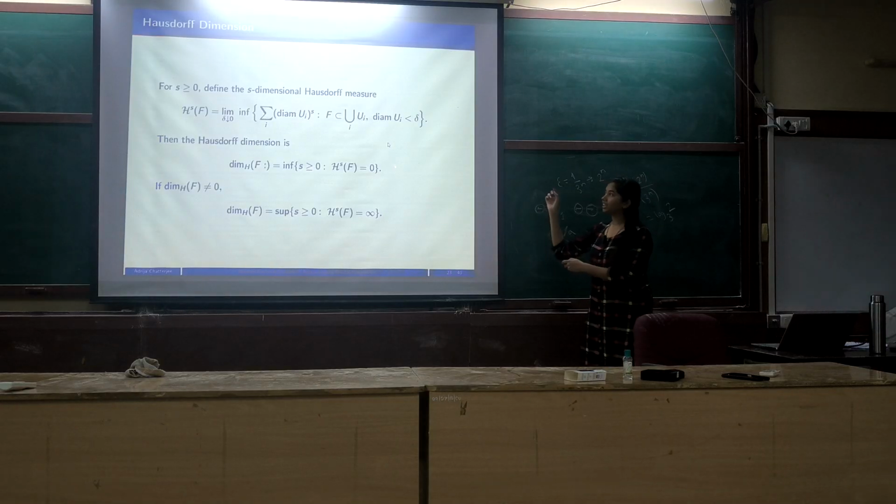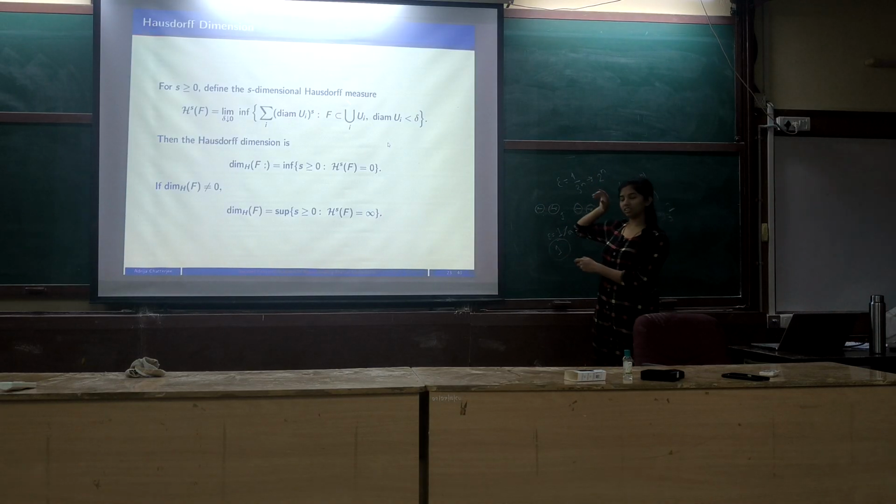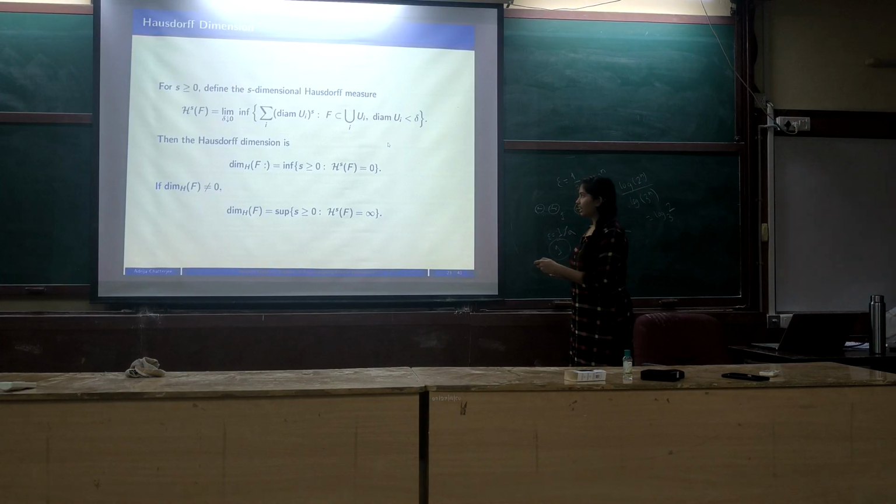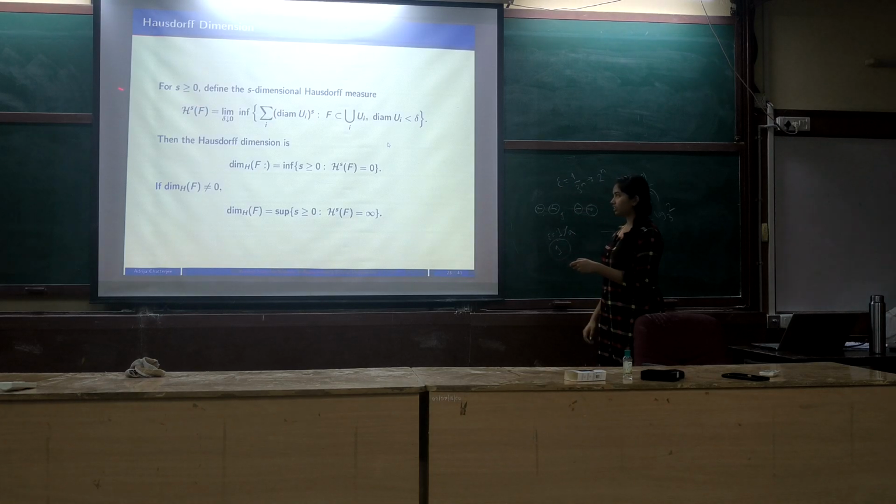So you try to cover your set with such sets of diameter less than delta, and then you try to minimize this value, summation diameter of Ui power s, and when you take the lim inf as delta tends to 0, that value gives you your s-th Hausdorff measure.